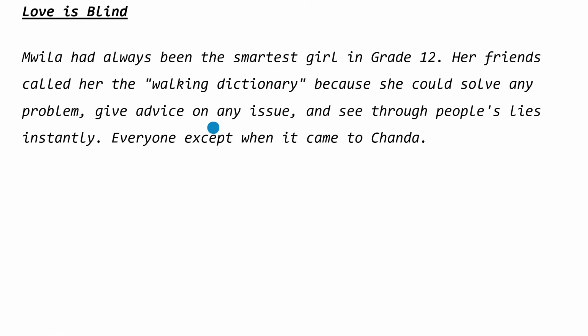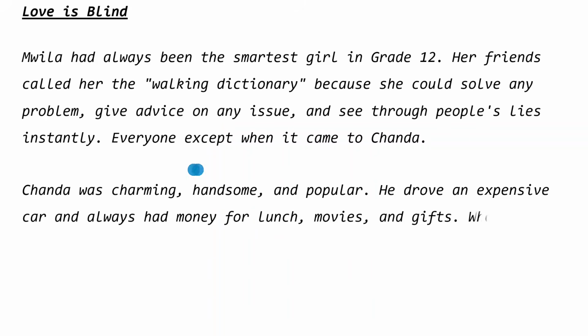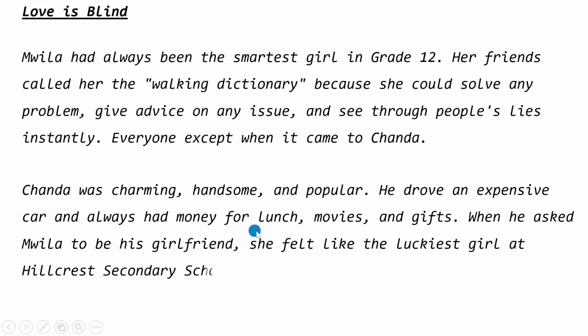Everyone except when it came to Chanda. Chanda was charming, handsome, and popular. He drove an expensive car and always had money for lunch, movies, and gifts. When he asked Mwila to be his girlfriend, she felt like the luckiest girl at Hillcrest Secondary School.